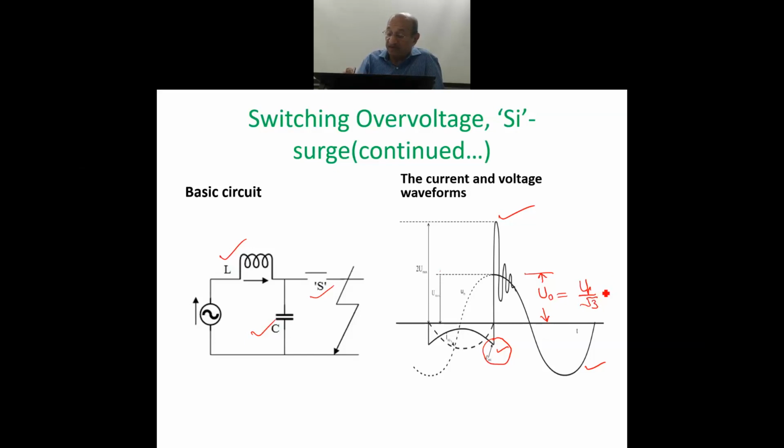rated voltage is always given in RMS voltage. So the peak value what we are considering here, the over voltage would be U naught multiplied by root 2 multiplied by 2. As you can see, the over voltage is twice in magnitude of U max, and there we have considered the peak value of it.